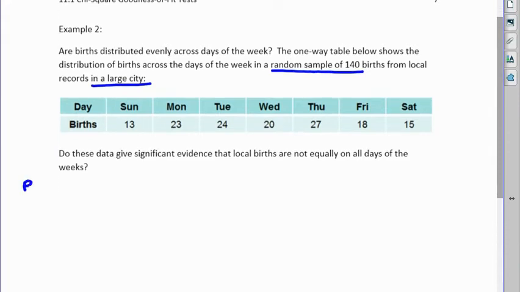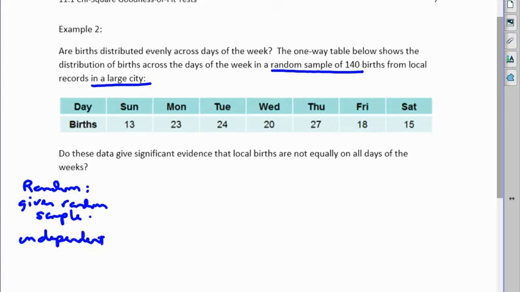So, is this random? It was a random sample. Is this independent? That's based on the N. It seems reasonable that in a large city, we would expect over 1,400 births in a large city.